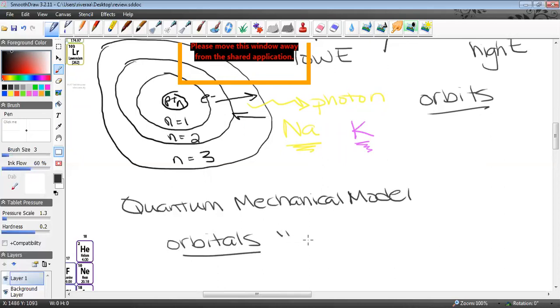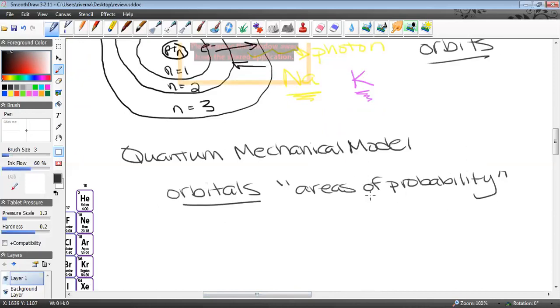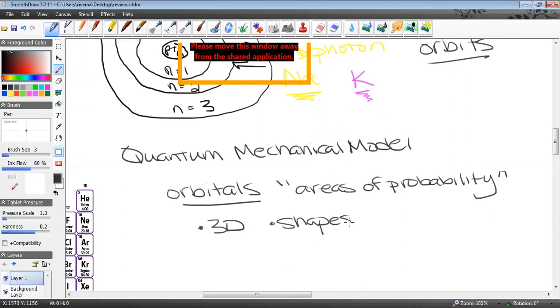Orbitals are areas of probability where we think the electrons exist. Okay, so it's not based on certainty, it's based on probability. And these areas of probability are three-dimensional. They're not like these two-dimensional orbits, okay? They've got certain shapes. They've got crazy shapes.